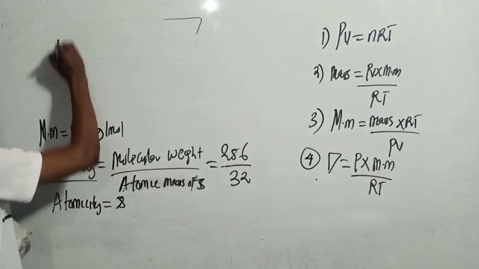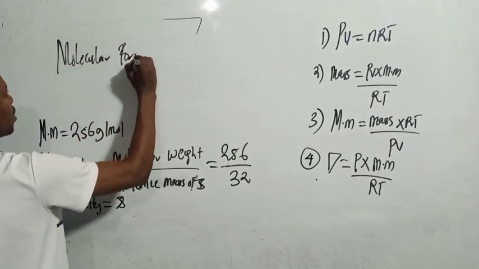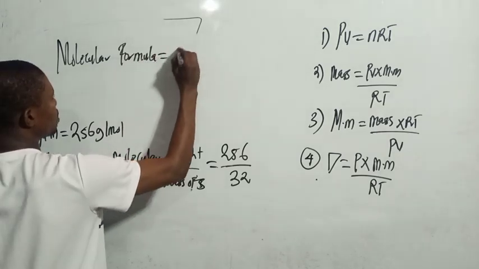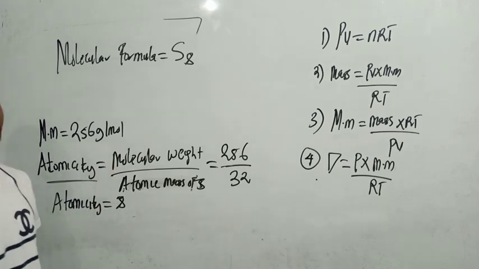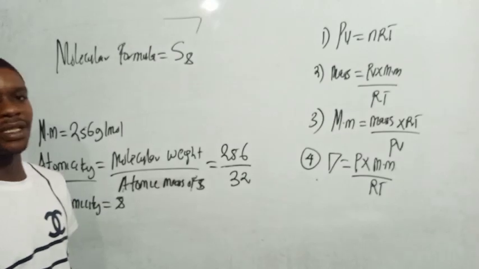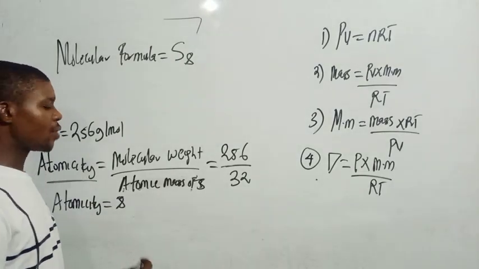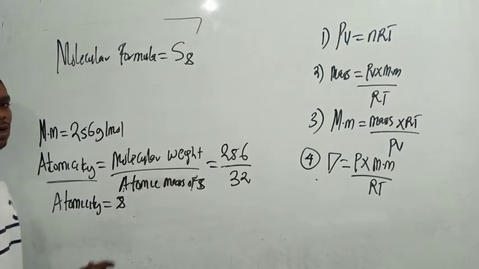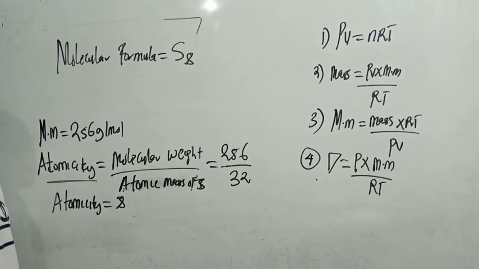So the molecular formula is equal to S8. So the key point here is to calculate the molecular weight of that compound, then divide it by the atomic mass of that element. That way you are going to know the number of atoms of the element in that compound. Then you just have to write the molecular formula here. So this is how to solve one.